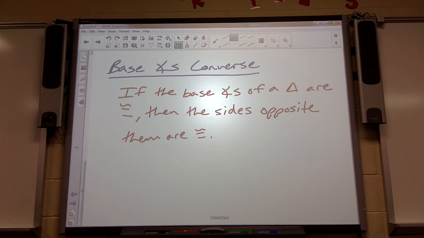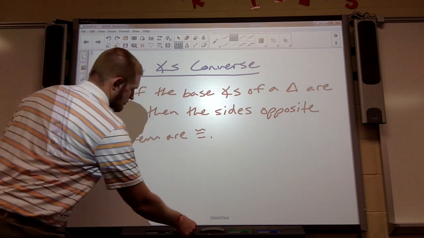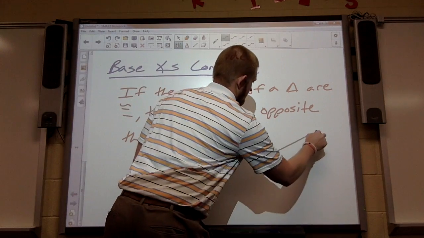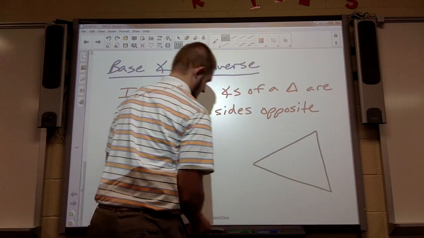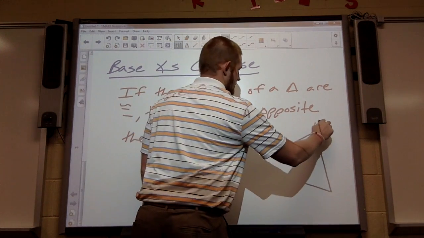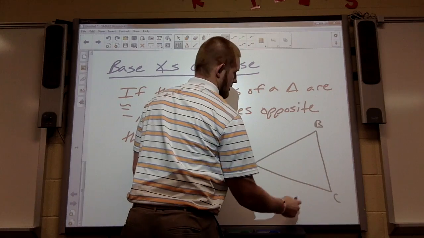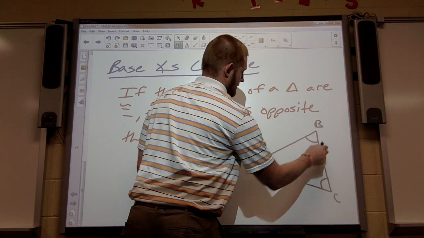All right, now, let me draw a quick diagram there, and then I'll explain something to you. Okay, it tells us that my angles are congruent.